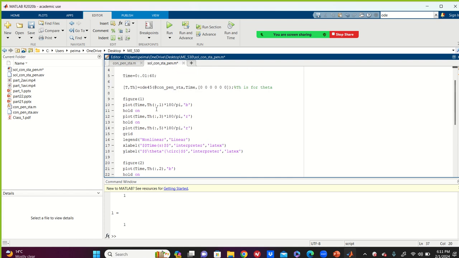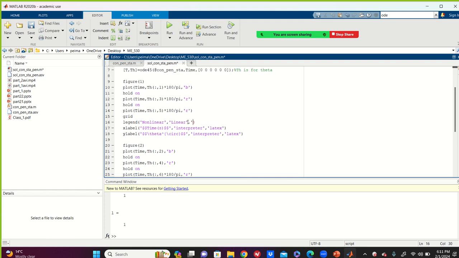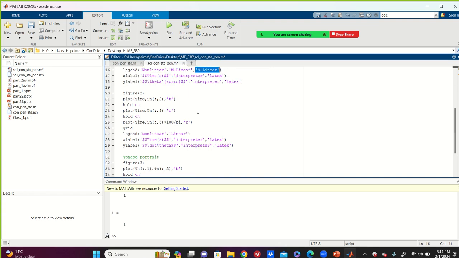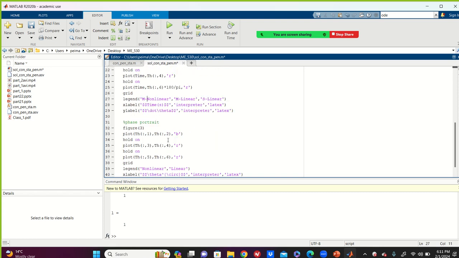I'm gonna add here nonlinear. Now I'm gonna add this moving pendulum, moving linear pendulum, and here is the stationary pendulum that we solved in the differential equation. Here we go. I'm gonna add it here, and the moving, and also this is moving nonlinear, moving nonlinear, and I'm gonna copy paste and put it here. Here we go.